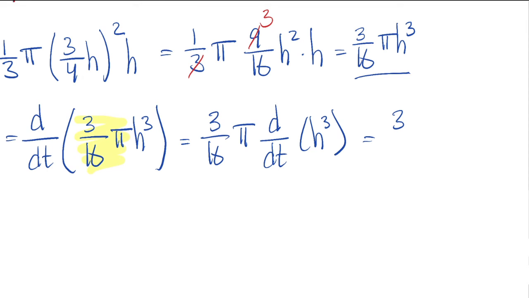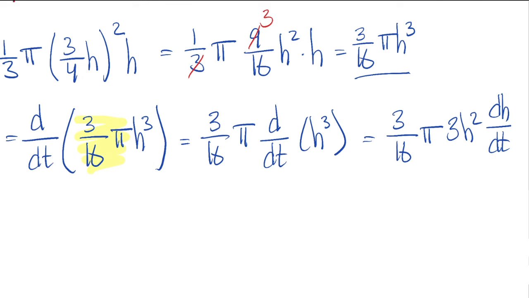We can now go ahead and differentiate. The constant stays. And we would have to use the chain rule here. So the outside derivative here is going to be 3h squared, and then the inside derivative is just going to be dh/dt. Like that. So that is our derivative.